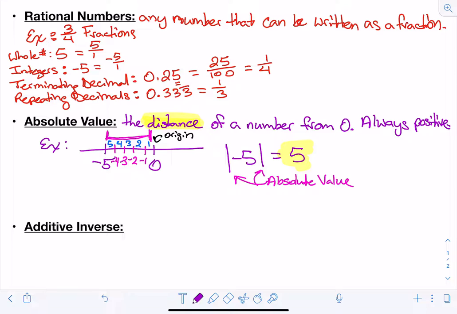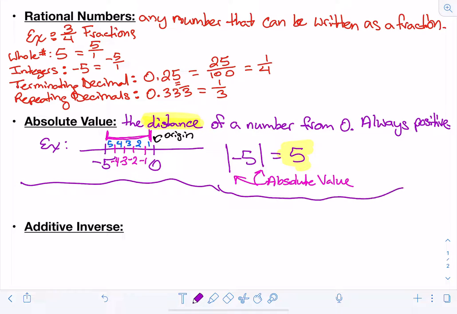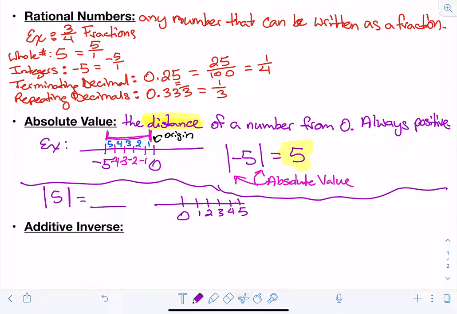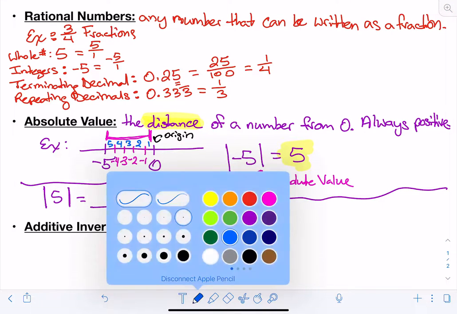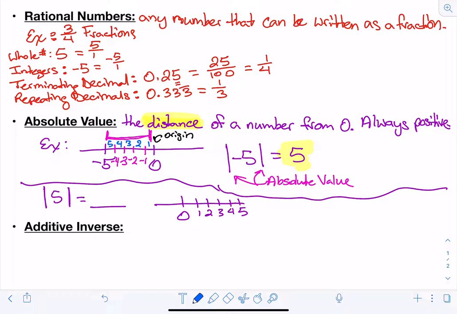Okay, another example, let me just draw a little line here. Another example is if we had the absolute value of, let's say, +5. Okay, so here's my brackets for absolute value. And what would that equal? Well, if I drew another number line and here's my 0, 1, 2, 3, 4, 5, we have to remember that it's the distance from the origin, which is 0, to that number.